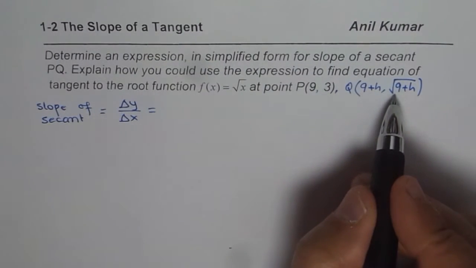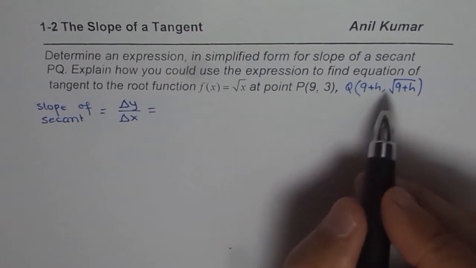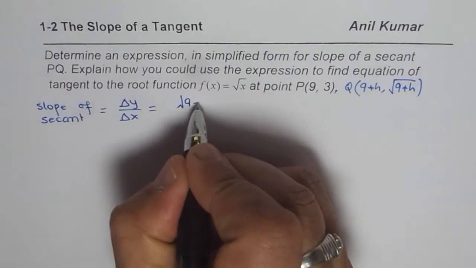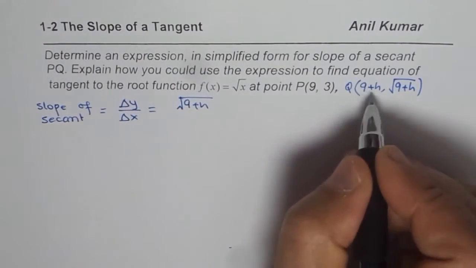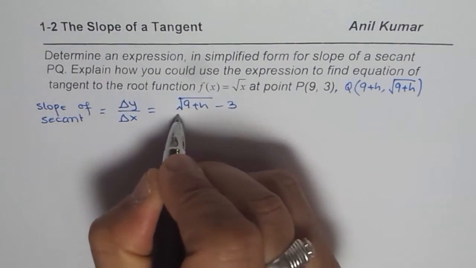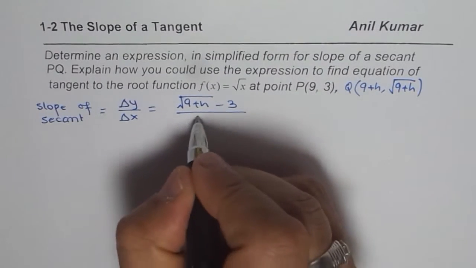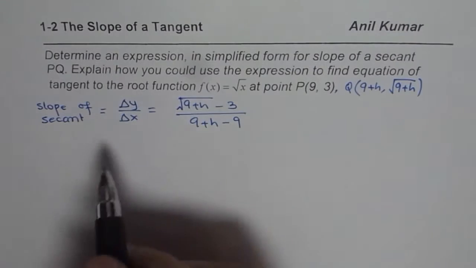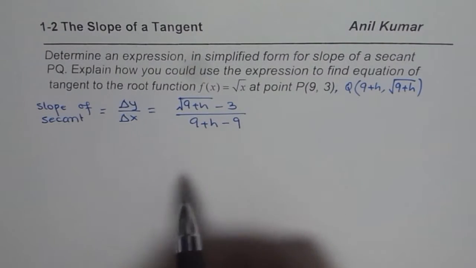So from the given points, the change in y value is square root of 9 plus h minus 3, and the change in x value is 9 plus h minus 9. So that becomes the slope of the secant line.